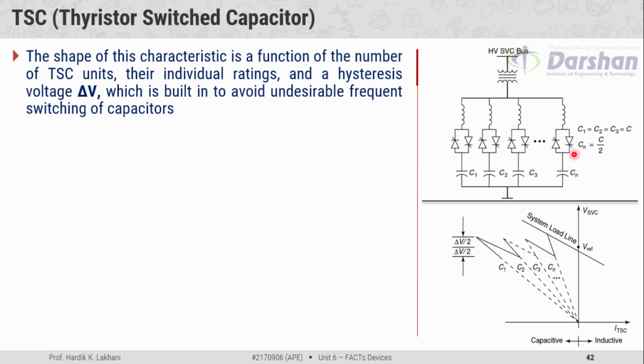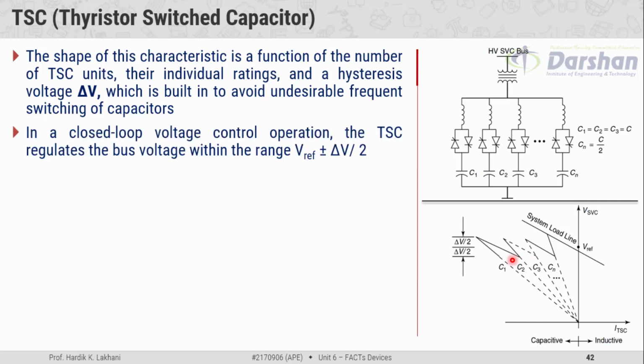And if two branches, this one and this one, are simultaneously conducting, then we get the characteristic like this, and so on. If more and more branches are involved in the conduction, then this range could be extended in the capacitive region.